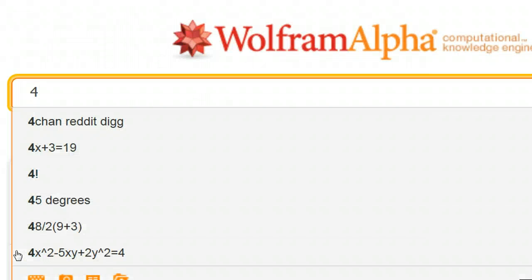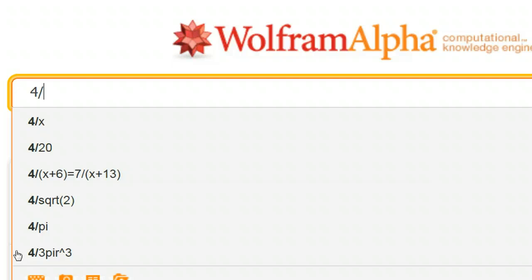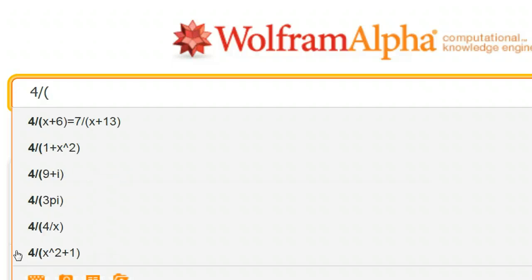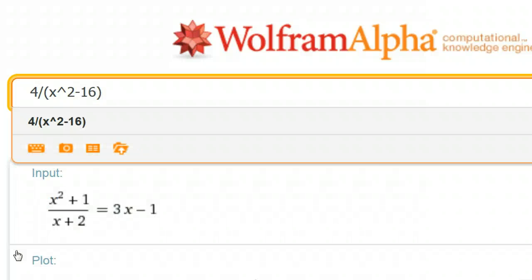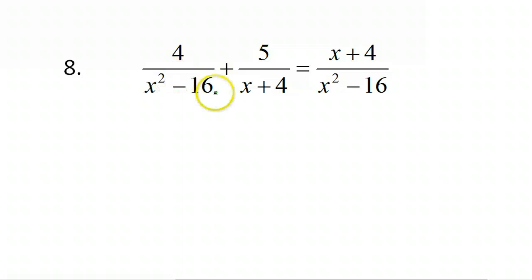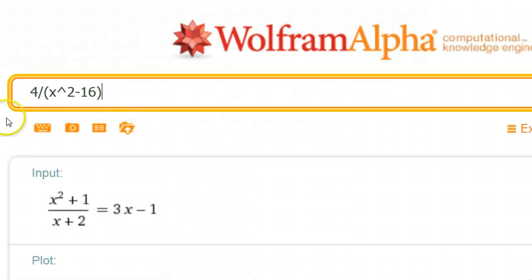So here I go, 4 over, and I think I need parentheses now, x squared minus 16, that needs to be in parentheses. Yeah, binomials have to go in parentheses. And then plus, I think I saw 5 over x plus 4.